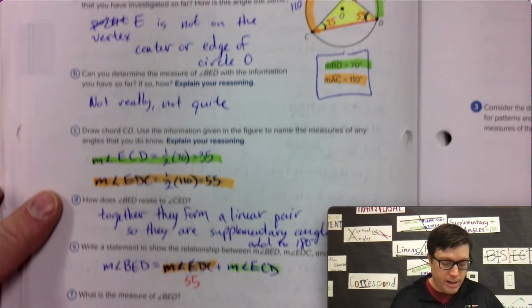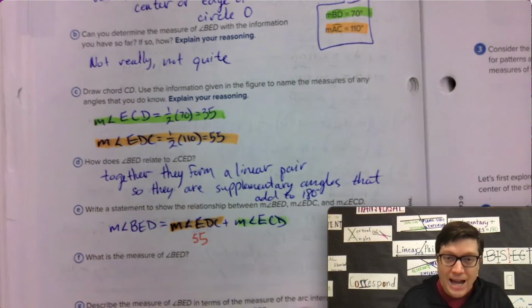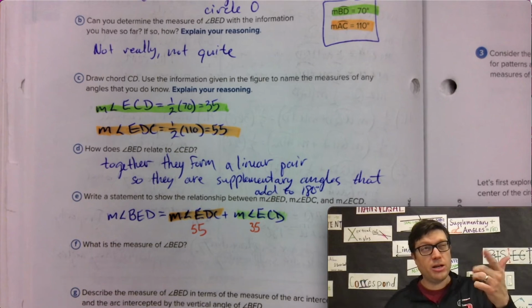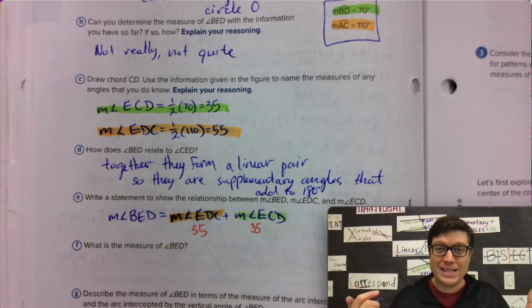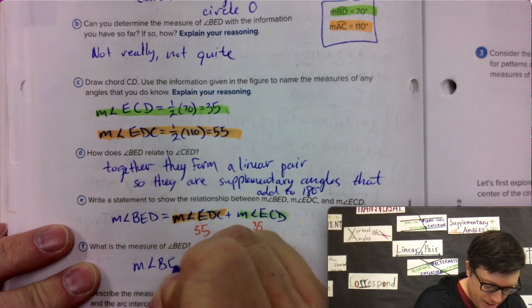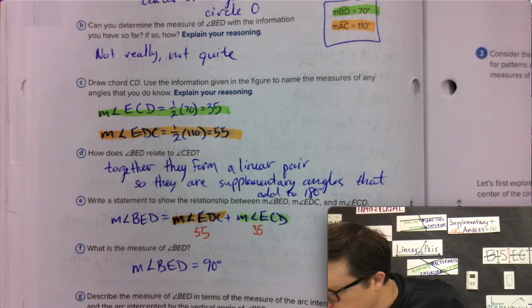So then I can go back up to here in my answer for E/F, and I can add those two numbers together. 55 plus 35, 90. The measure of angle BED is 90 degrees.